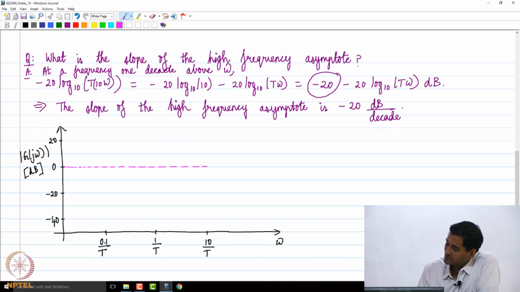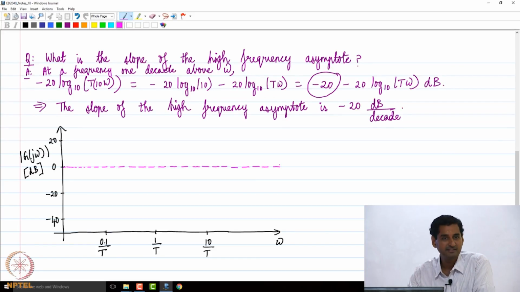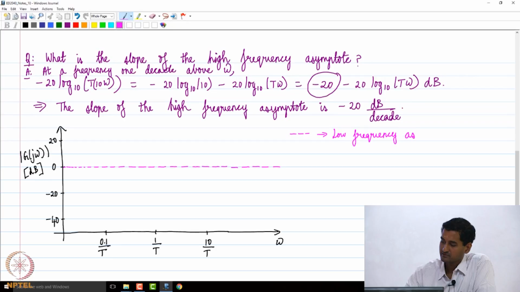It does not matter what the frequency is; of course it makes sense only at low frequencies, but I am just drawing it, just to make things clear. So, the 0 decibel line or the pink line is the low frequency asymptote.